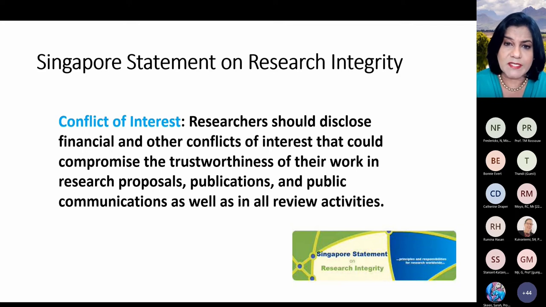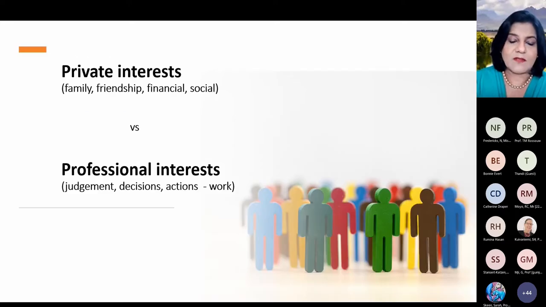The Singapore Statement on Research Integrity, developed several years ago, specifically outlines conflict of interest and requires that in order for research integrity to be maintained, researchers should disclose financial and other conflicts of interest that may compromise the trustworthiness of their work, proposals, publications, etc. And so you can see the conflict of interest spectrum ranges all the way through from designing a particular study to conducting it, but also through to the publication process itself.